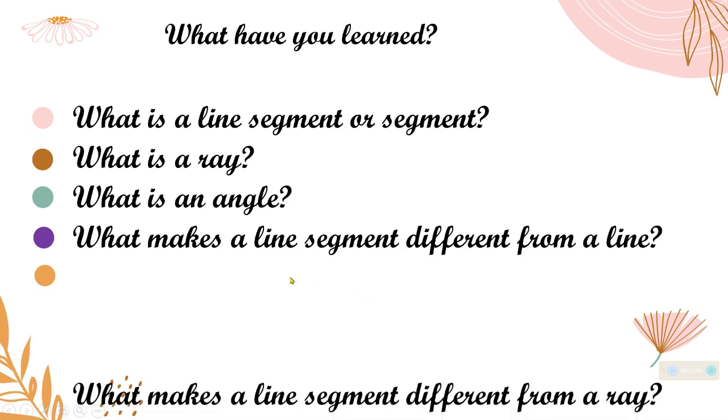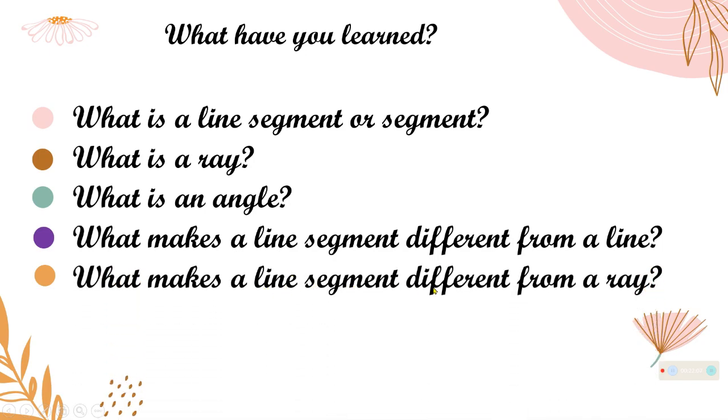Next, what makes a line segment different from a ray? A line segment has 2 endpoints, while a ray has only 1 endpoint. I hope you have learned something in this video.